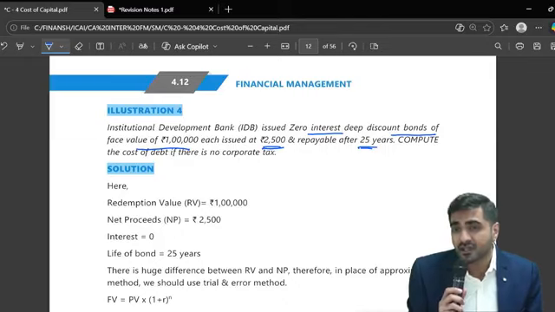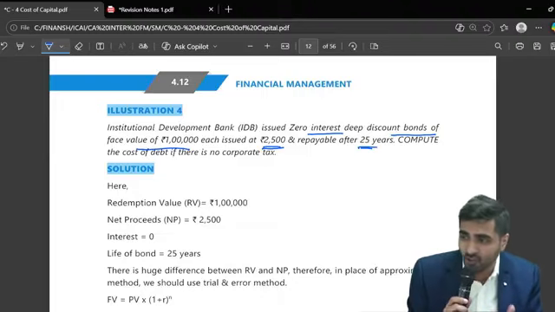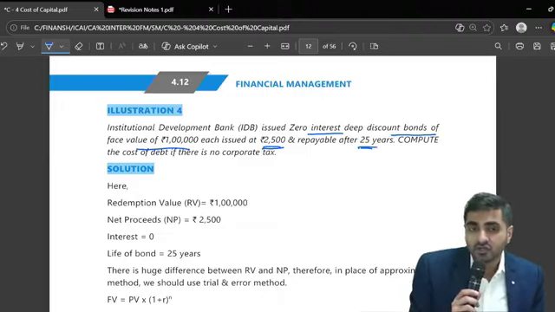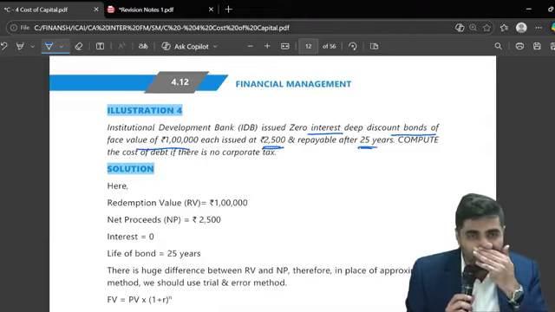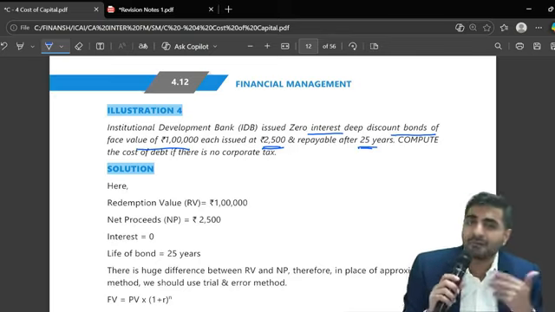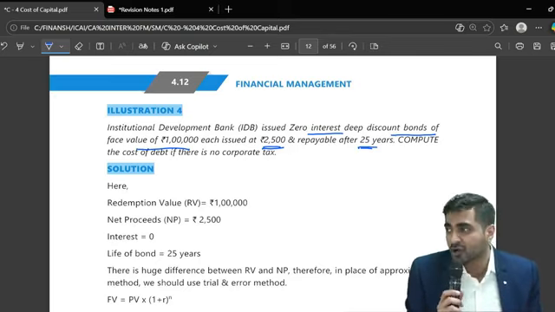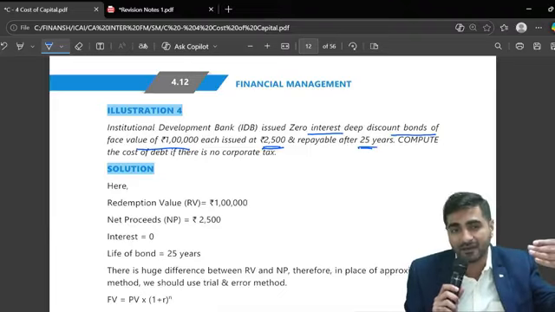Zero coupon means what? Coupon means interest. So zero coupon means zero interest bonds. Will the company every year provide you with any interest? No. So why will people invest in such kind of bonds? Because these bonds are issued at a discount and they are redeemed at par.